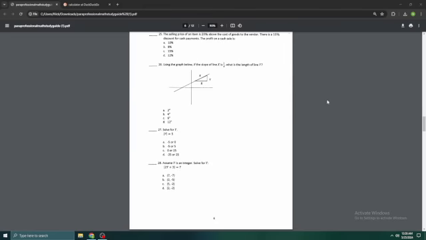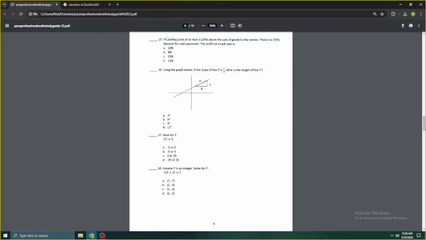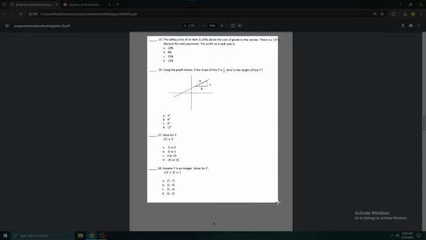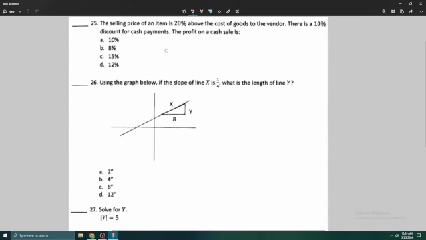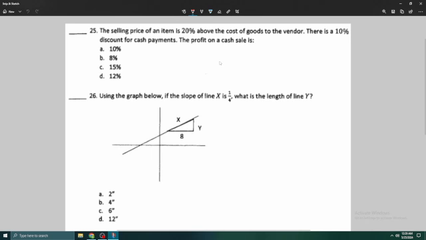Okay. 25 is the same exact problem. 25 is the exact same problem. 20% profit minus the 10% cash discount. It's just a 10% profit.